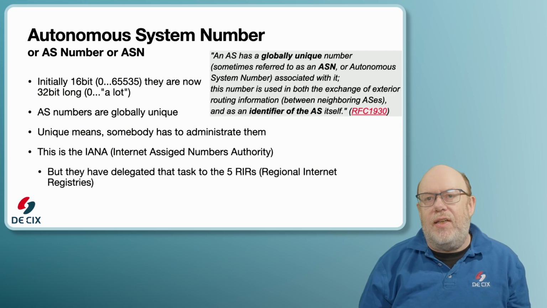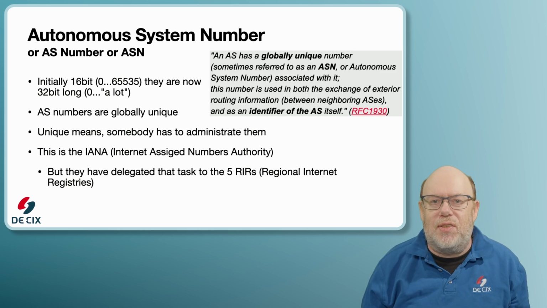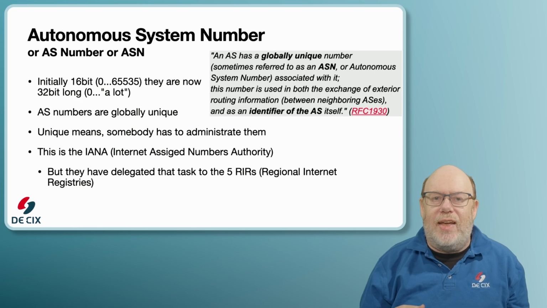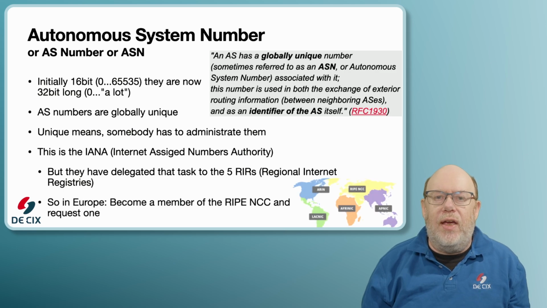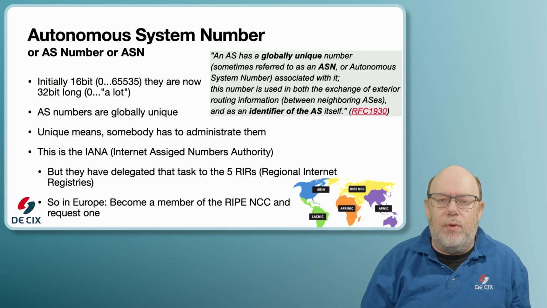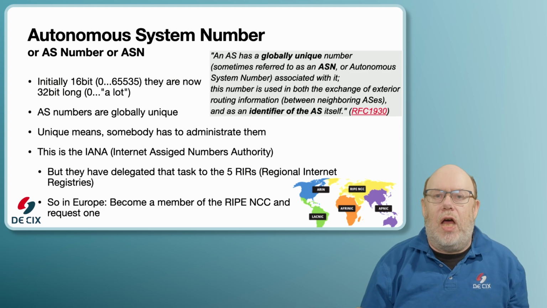But the IANA is a small organization and there are a lot of ASs, so the IANA has delegated the task of administrating AS numbers to the 5 regional Internet registries, and in Europe the RIR, or Regional Internet Registry, responsible for administrating autonomous system numbers is the RIPE NCC. And with this small map, if you're not from Europe, you can see which RIR is responsible for your region.